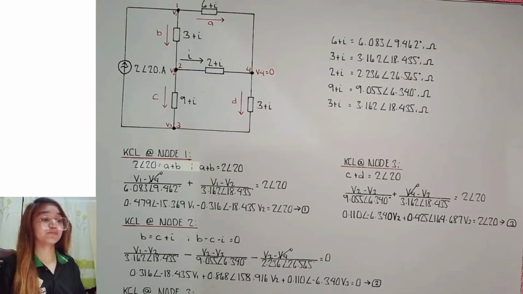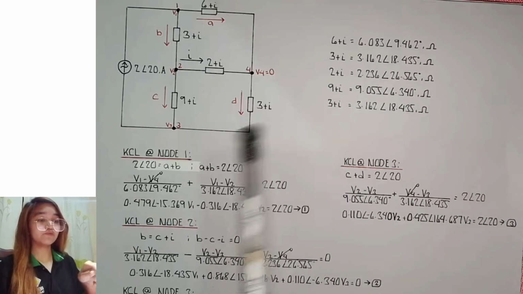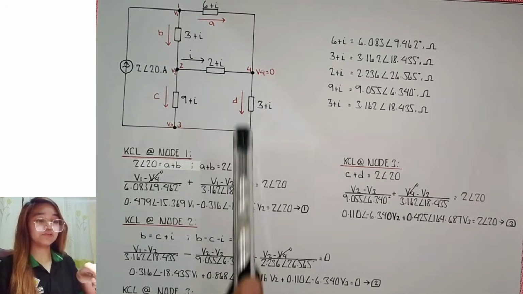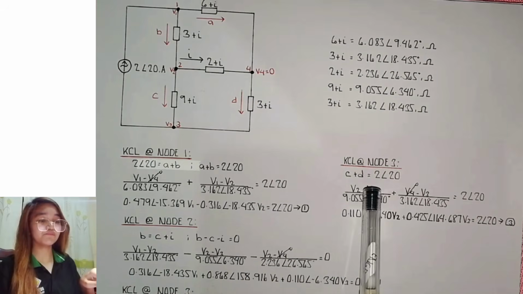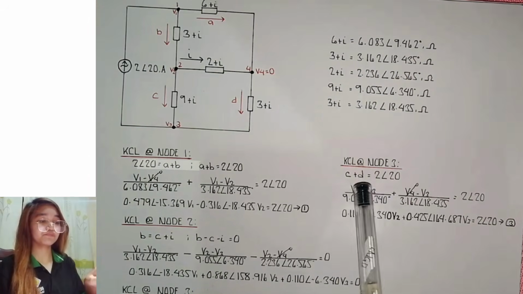Next is the KCL at node 3. So KCL at node 3, going in, C and D. So C plus D, and the going out current, which is the 2 angle 20.